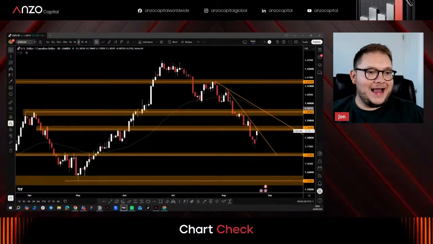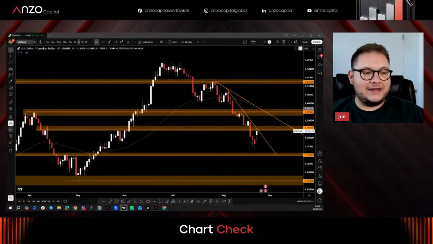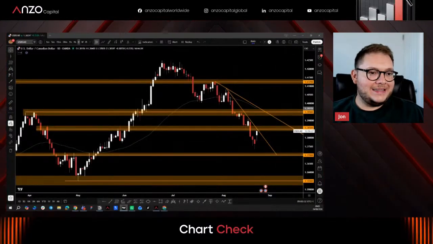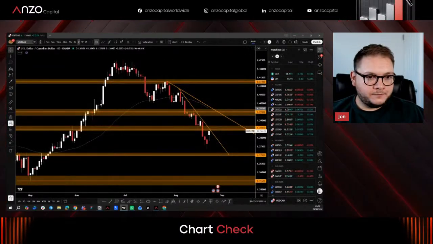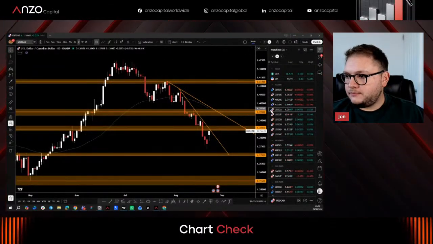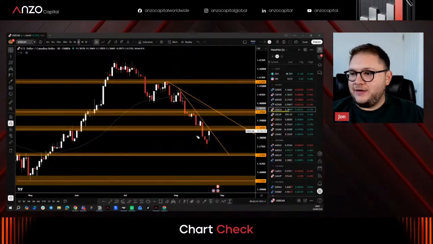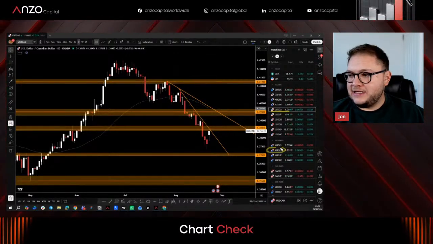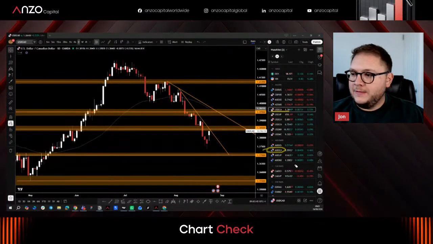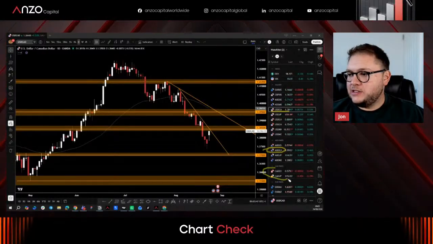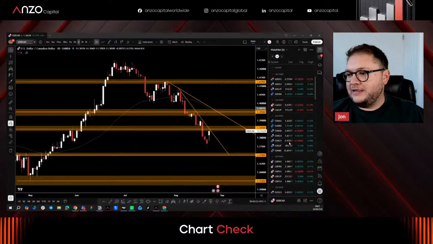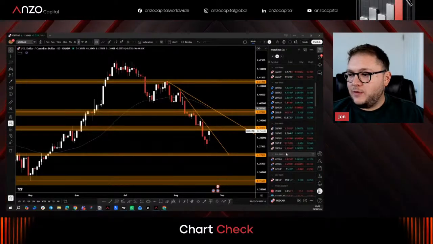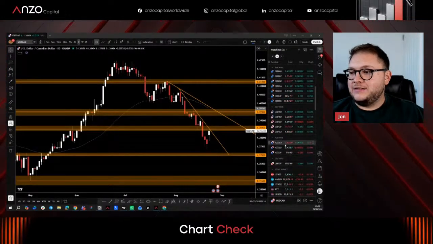But has this now changed the narrative? Canada, or the Canadian dollar at least, is starting to weaken on this data. If we look across the board, Canada is down against the US dollar. It's down against the Australian dollar as well. It is also down against the Swiss franc and the Japanese yen. And we also have it down against euro, as well as pound and the New Zealand dollar.